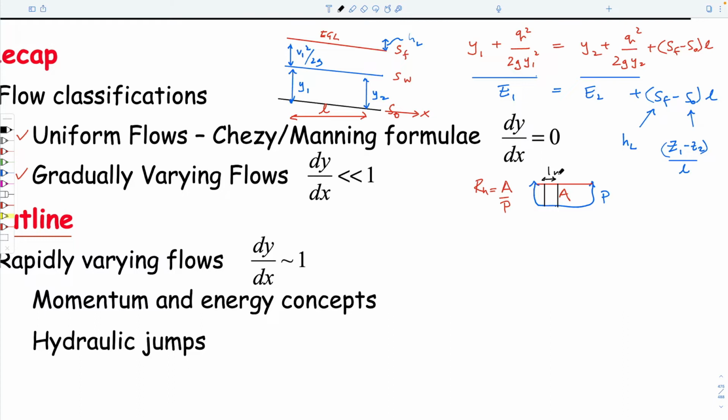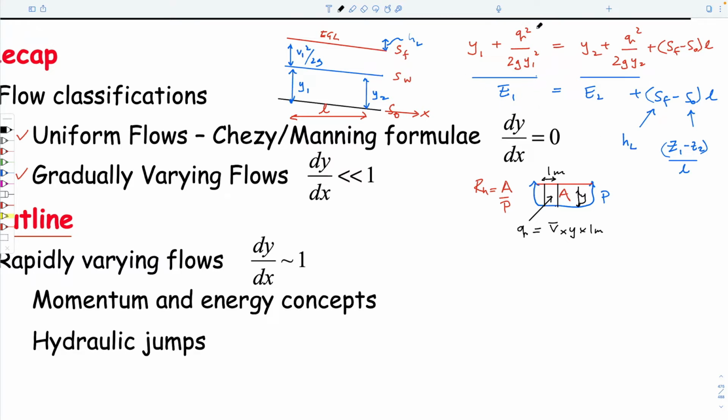So this is 1 meter. And we look at the flow going into it, which is Q, which is just equal to the average velocity multiplied by the depth multiplied by 1 meter. So this is the depth, y. So that's it.